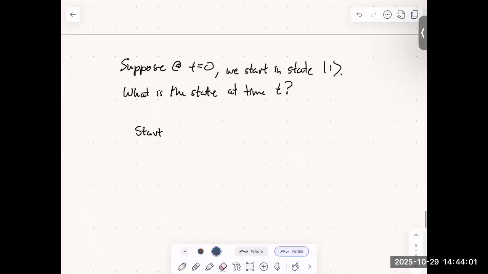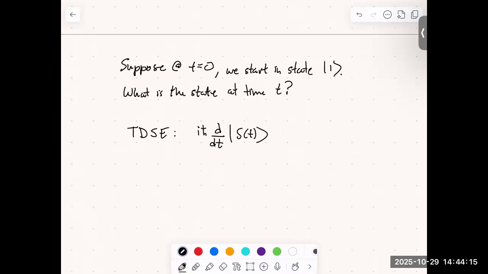Okay, let's write down, first of all, the time-dependent Schrodinger equation. I h bar d by dt acting on state s, which is a function of time, is equal to our Hamiltonian acting on that same state. So what we'll do is we imagine we've done some separation of variables, and we're going to start with the time independent Schrodinger equation.